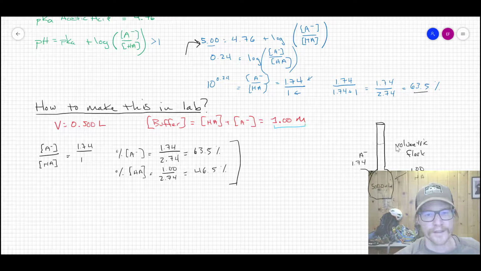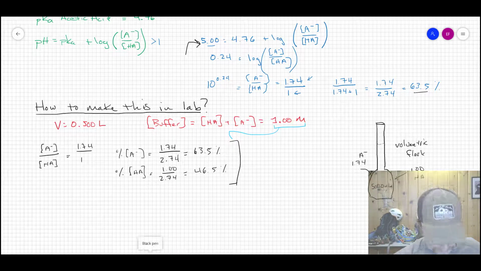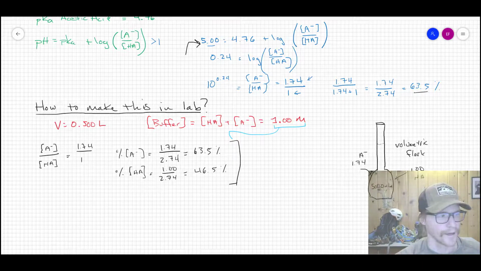desired concentration is 1 molar, then we can figure out what concentration of each A minus and HA is required here. All we would need to do is take the 1 molar times 63.5%, and we would get our value.